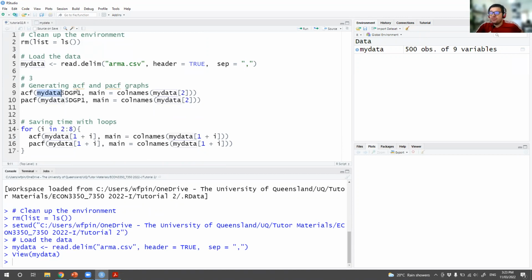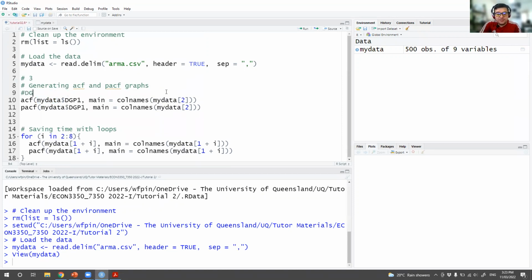So we're going to do the graphs. Let's do the first. This is for data generating process 1, and from data generating process 2 onwards, I'm going to show you a way to do this using loops. But mainly what you need is a variable.